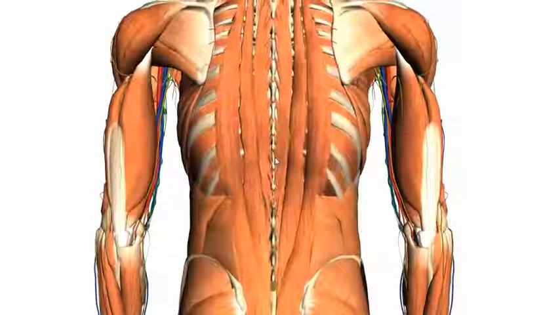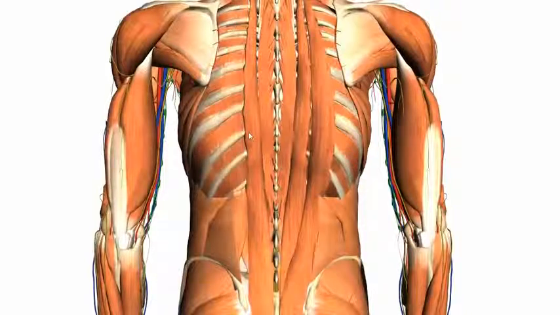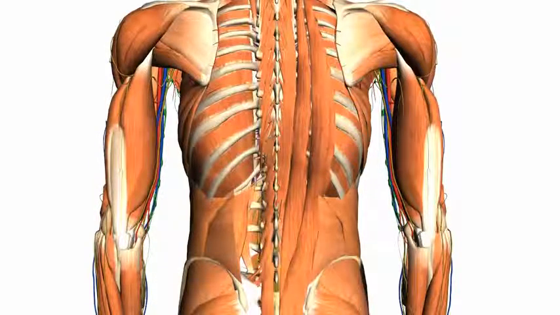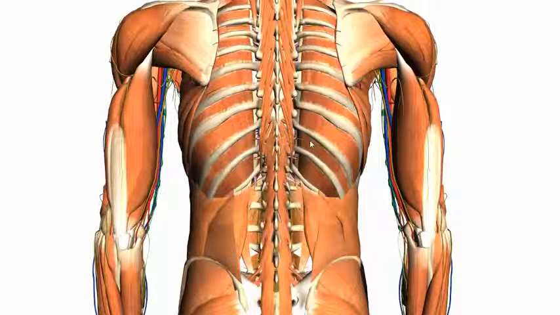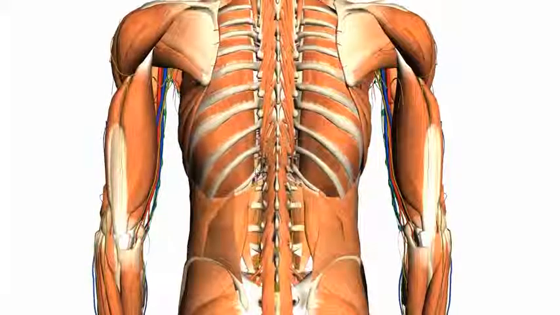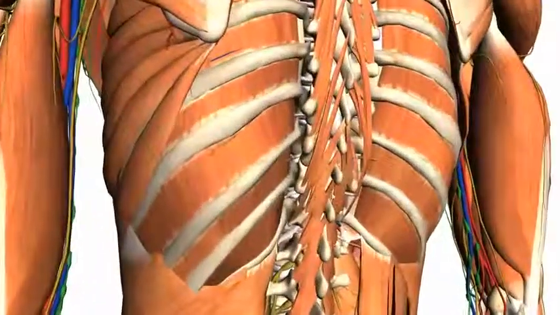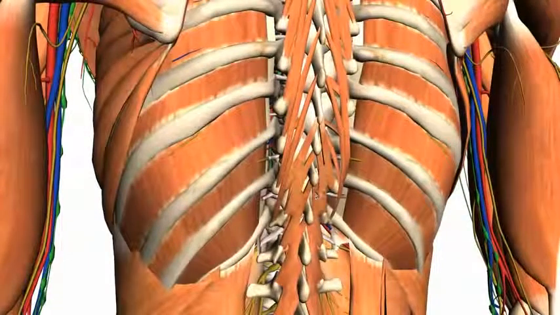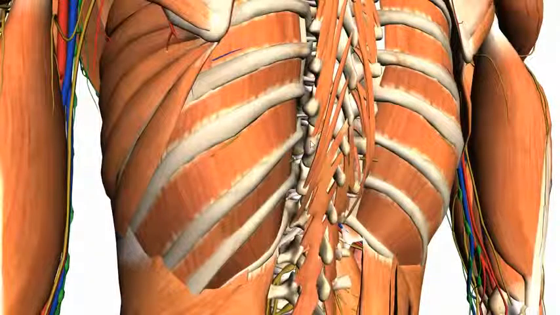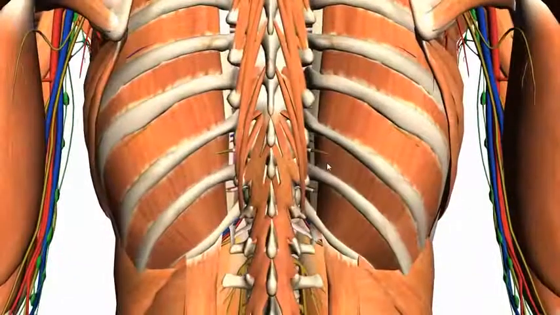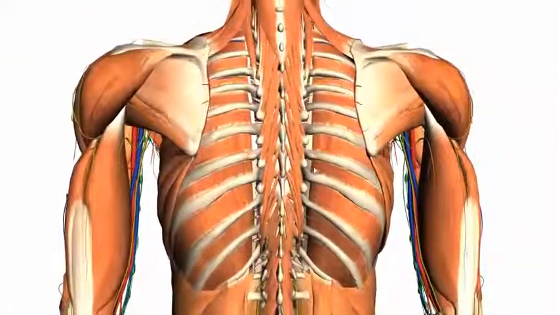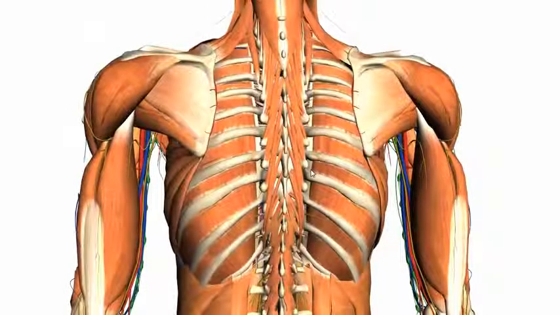So the next group of muscles is the transversospinalis muscles, which lie underneath the erector spinae muscles. And the reason they're called transversospinalis, if you watch the tutorial on the individual features of the vertebra, you'll remember the transverse process and the spinous process. And the reason they're called transversospinalis muscles is because they connect from the transverse process to the spinous process. Okay, so there are three transversospinalis muscles.